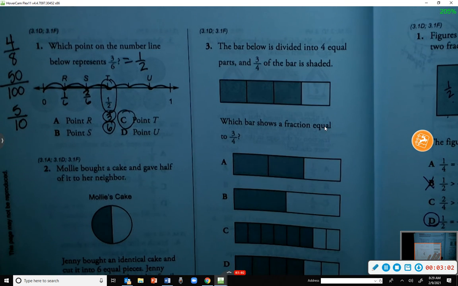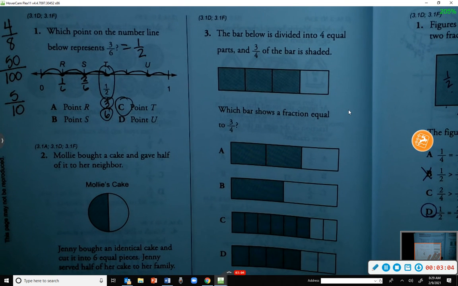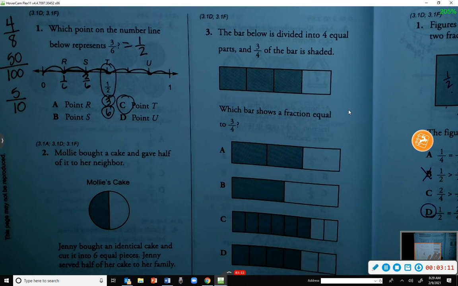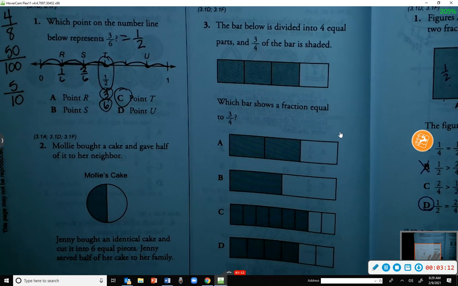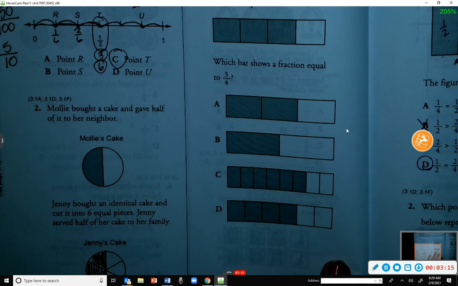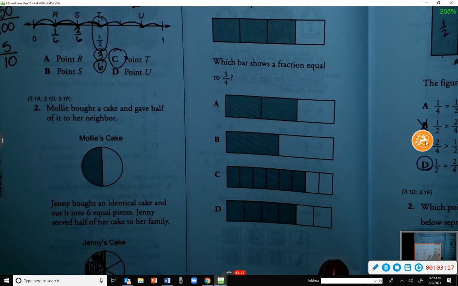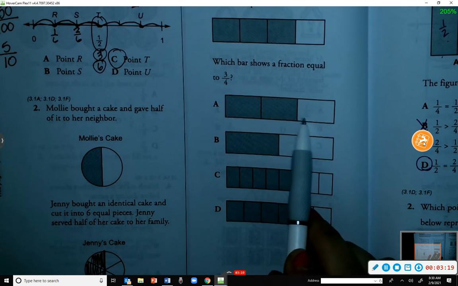Okay, the last one. The bar below is divided into 4 equal parts and 3/4 of the bar is shaded. Which bar shows a fraction equal to 3/4? Okay, equal to 3/4. So we need to figure out what the fraction is for each of these answer choices.